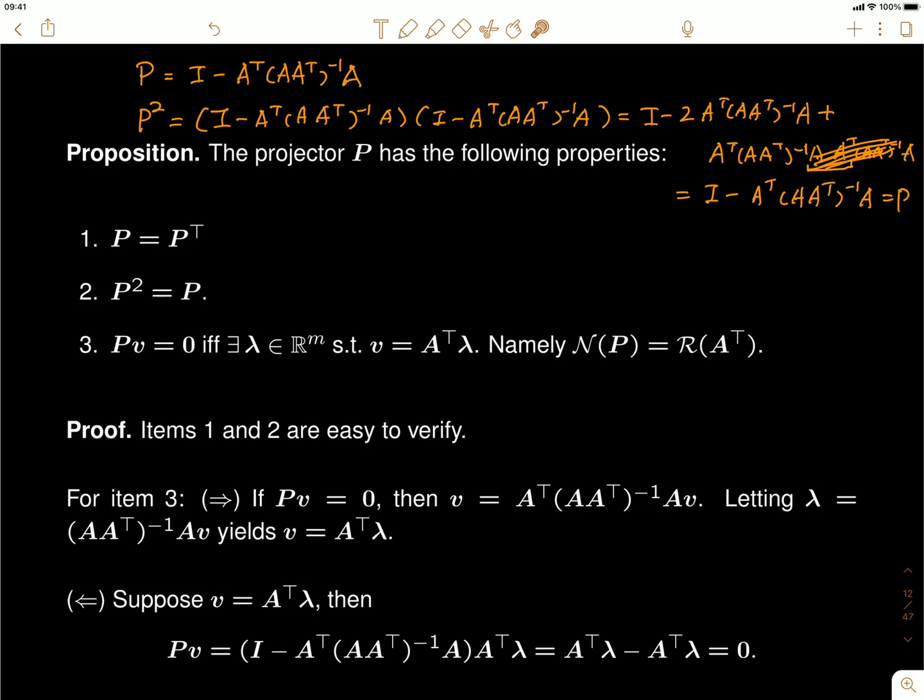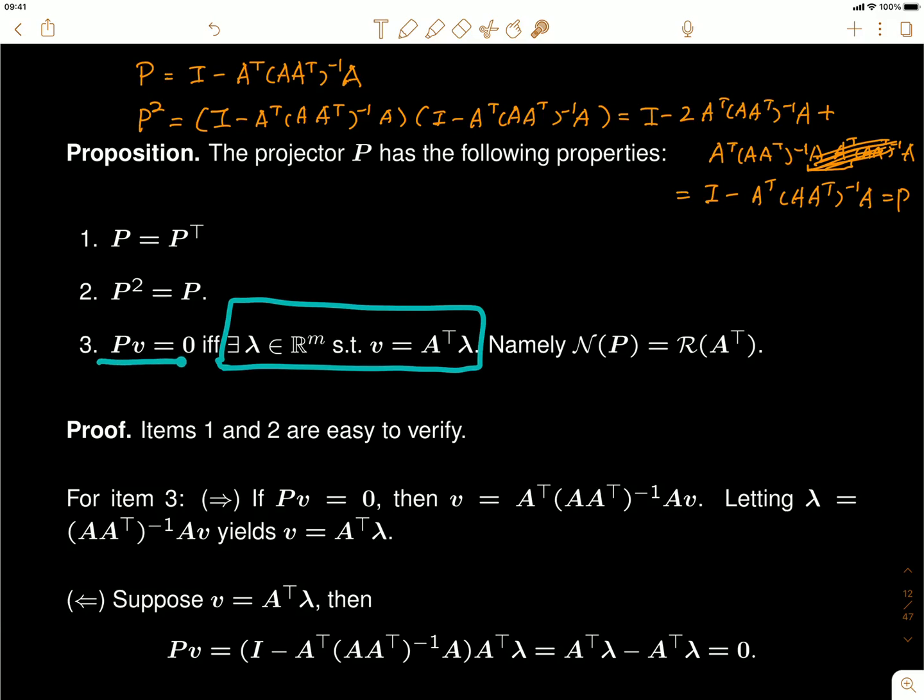Well, if this is the case, then we can treat this part as lambda. Okay, we just define our lambda to be this part. And then you can see V equals A transpose times lambda. And that means this, right? So we found this lambda such that V equals A transpose lambda. Pretty simple. Well, for the other direction, suppose we know this is true. We know that there exists some lambda such that V equals A transpose lambda.